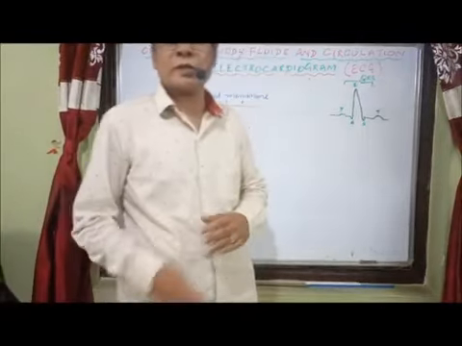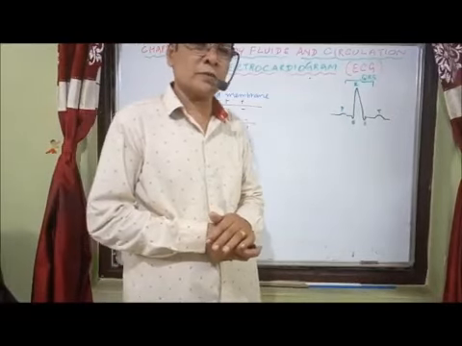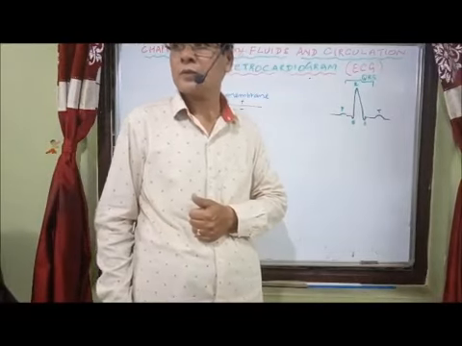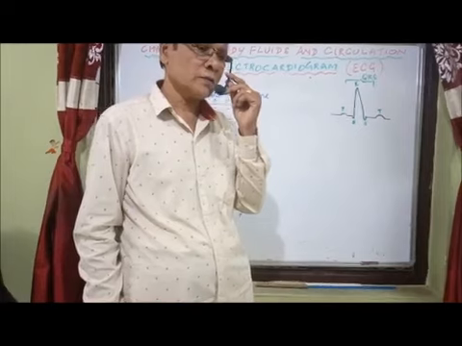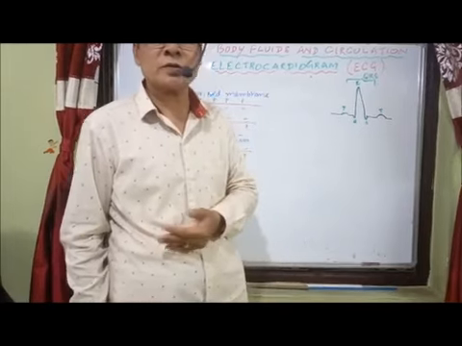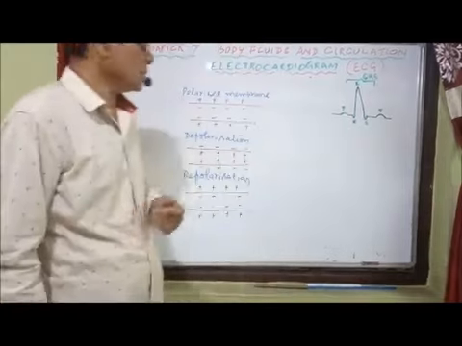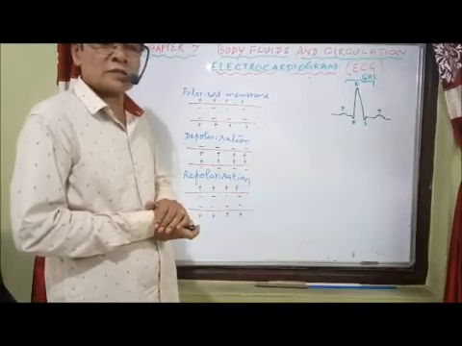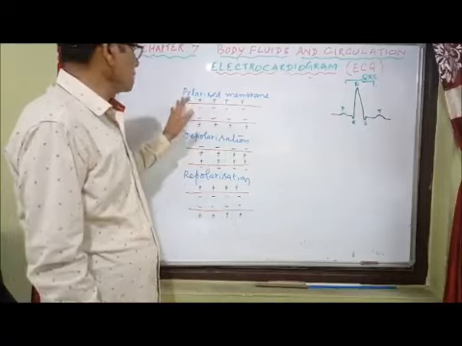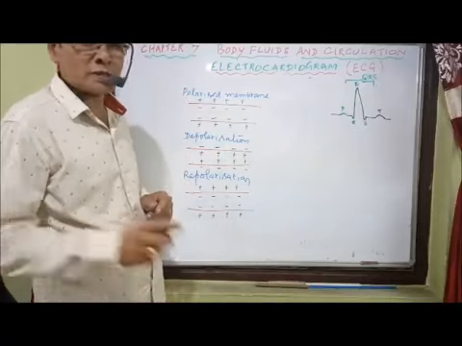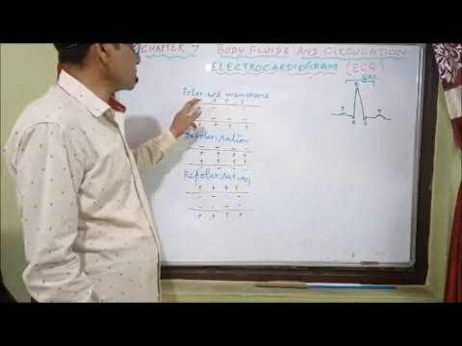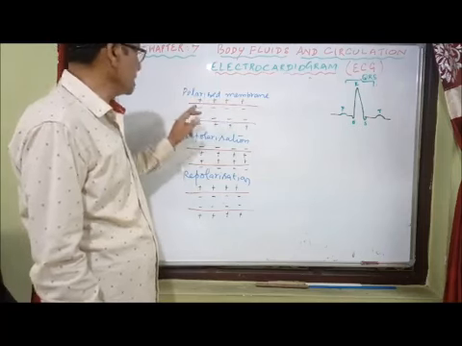What do you mean by a polarized membrane, depolarized membrane, and repolarized membrane? If you take any cell, for example the axon of a nerve cell or the cardiac muscle cells, the membrane shows charges. In a normal membrane, before the stimulus is given, it has outer positive charges and inner negative charges.